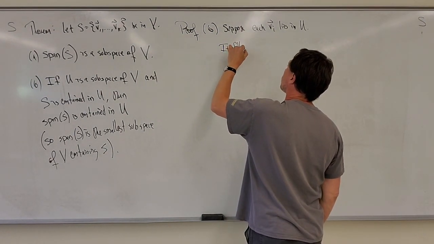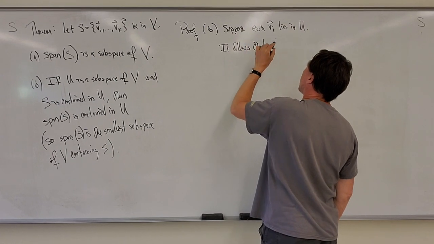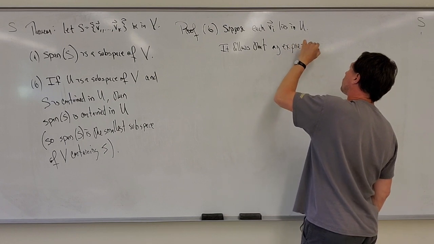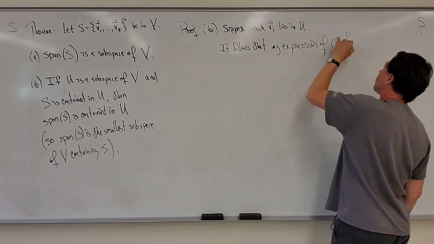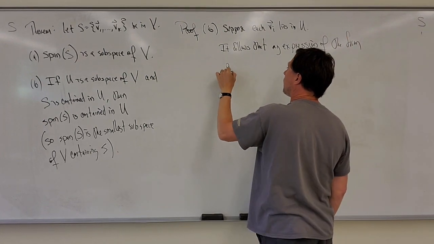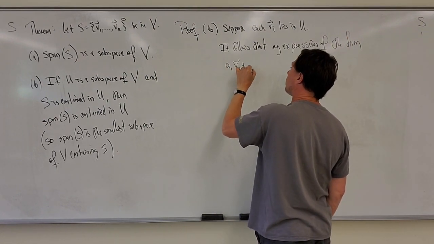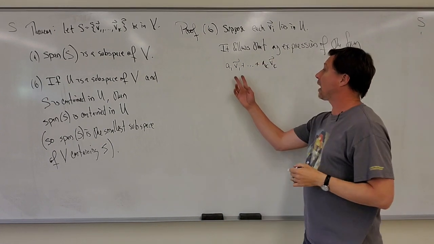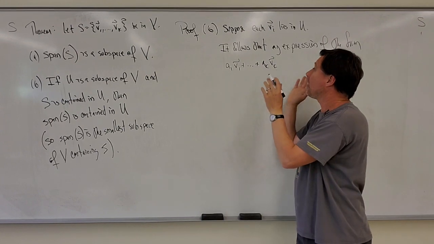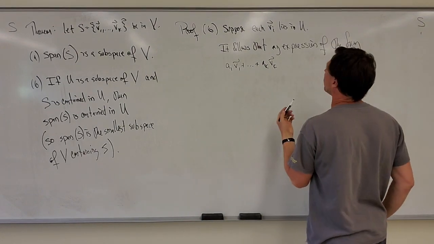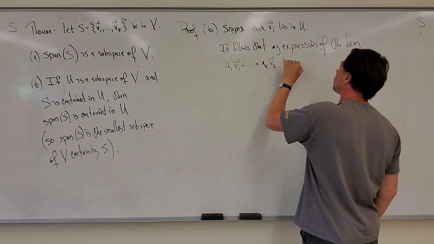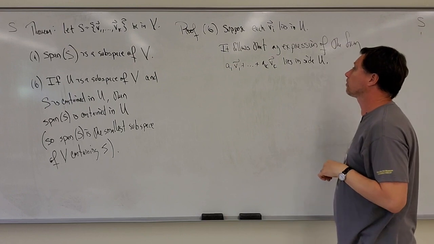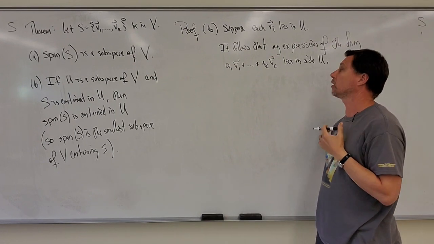So it follows that any expression of the form a1 v1 plus dot dot dot plus a sub k v sub k lies inside U. What am I doing here? I'm doing scalar multiplication and then adding, and U is closed under scalar multiplication and under addition.